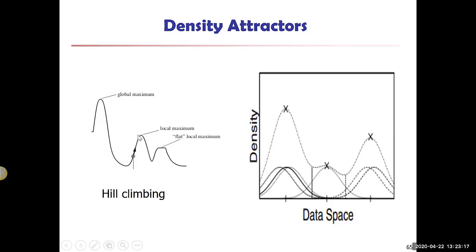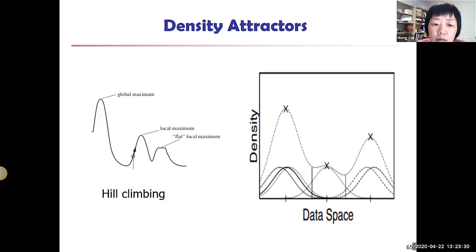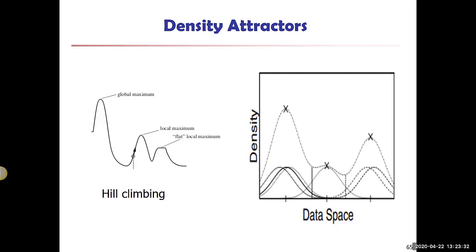Okay, because you could traverse the curve either to the left or to the right, but if you go to the left, the derivative would be dropping. Right, exactly. So that's why you go to the right. If you're at the valley, you might be able to go either way, so you could assign it to either cluster.